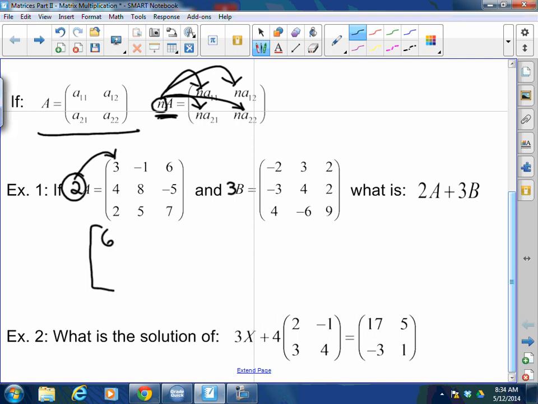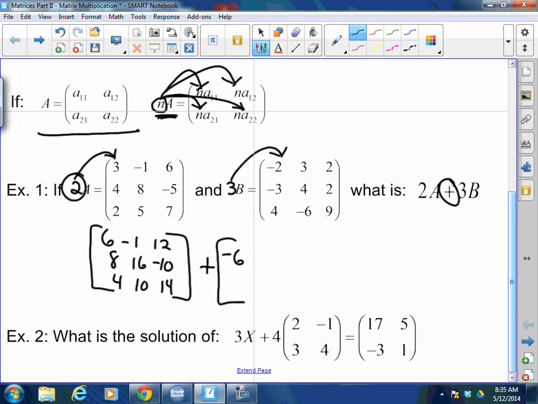So this becomes 6, negative 2, 12, 8, 16, negative 10, 4, 10, 14, plus 3B. The 3 gets distributed also to every single element. So I will have negative 6, 9, 6, negative 9, 12, 6, 12, negative 18, and 27.